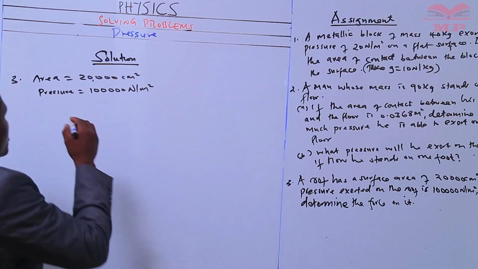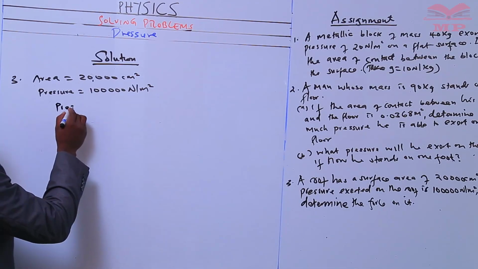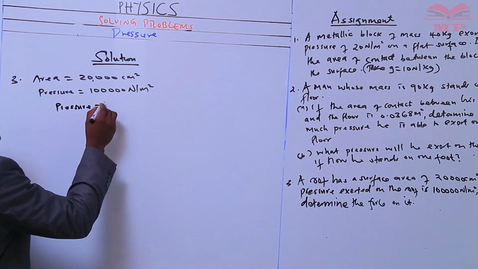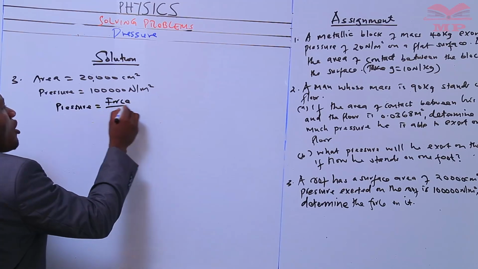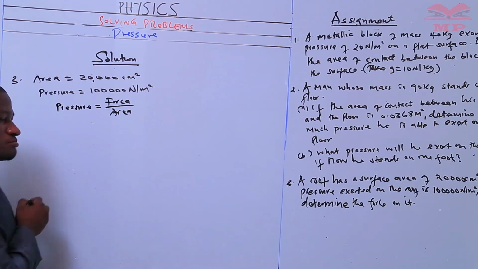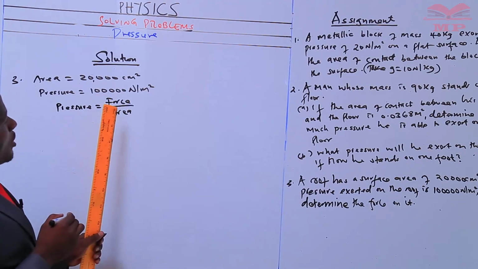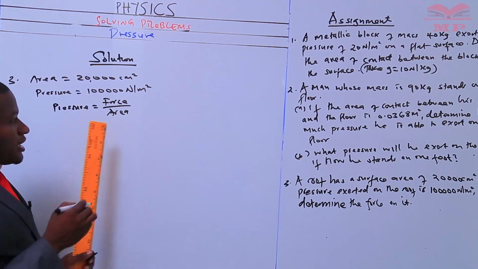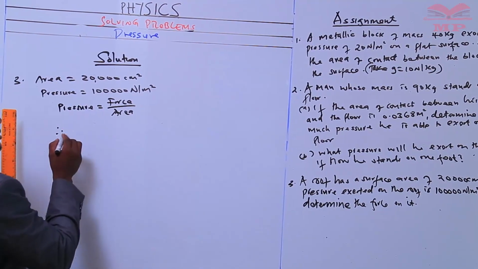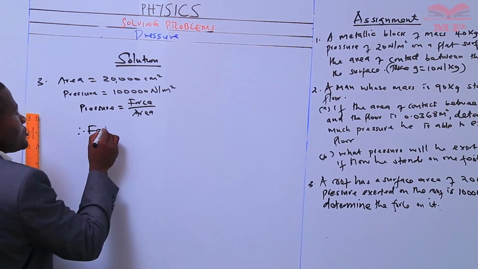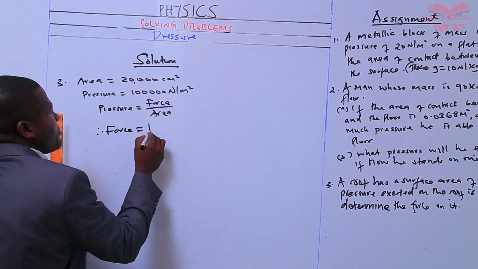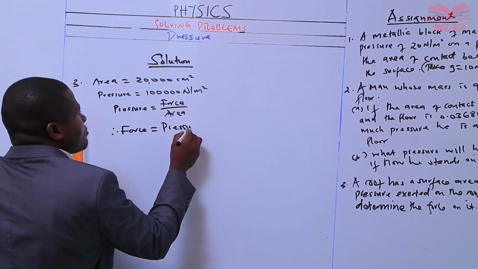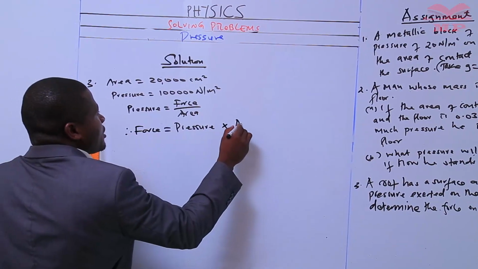And from the general equation, pressure is given by force over area. Meaning that if I want to get force, I multiply both sides by area. So this simply means that my force is given by pressure times area.